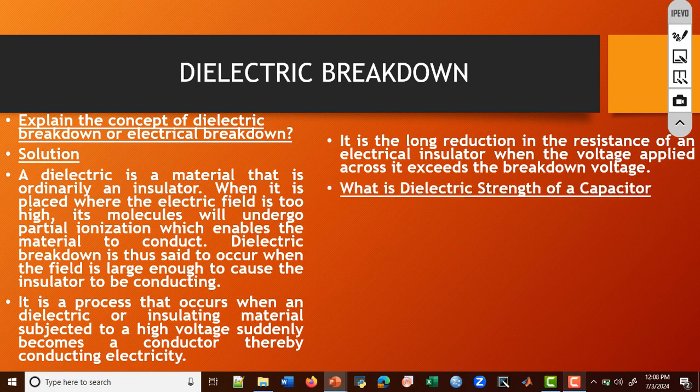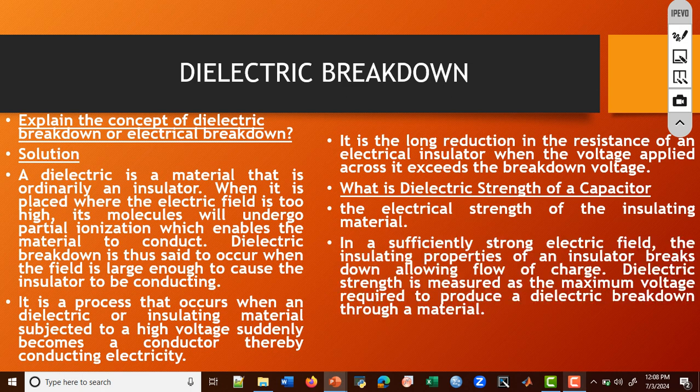What is the dielectric strength of a capacitor? It is the electrical strength of the insulating material. I made mention of that. Let's take this. In a sufficiently strong electric field, the insulating properties of an insulator break down, allowing the flow of charge.